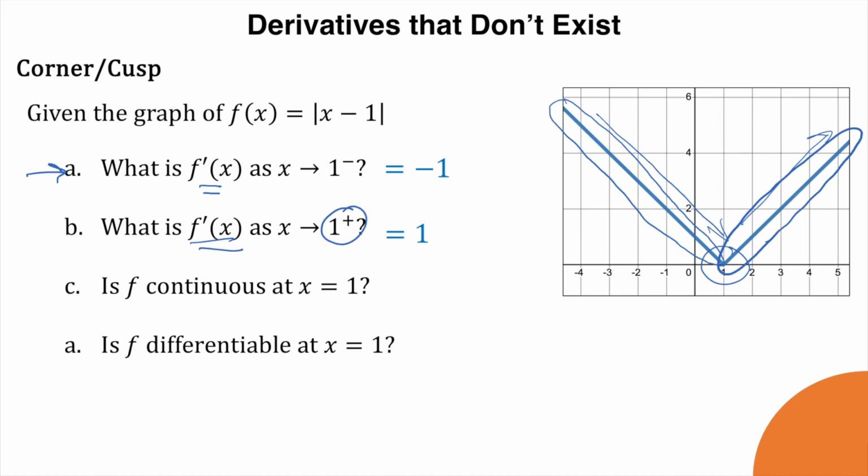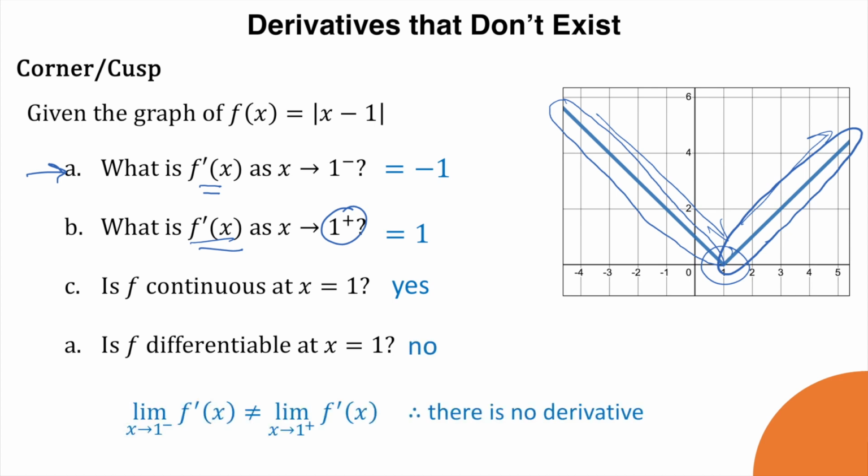It's 1. Is f continuous at 1? Oh yeah, it is. There's never a break or a hole anywhere. Is it differentiable at 1? No, it is not, because the slope, f prime, from the left does not agree with the slope from the right. Therefore, there is no derivative.